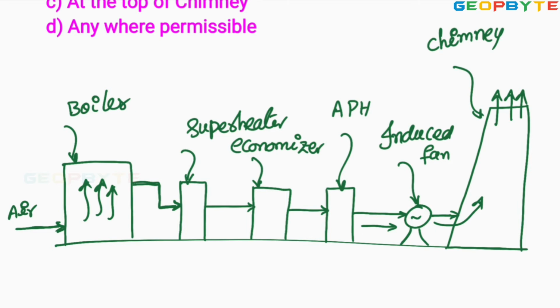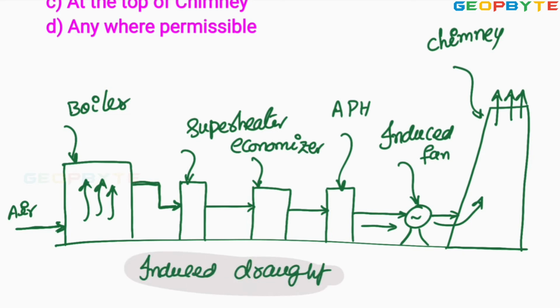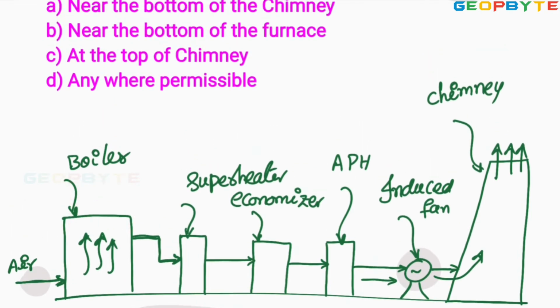So anyhow, see the induced draught system mechanism. In case of induced draught system mechanism, an induced fan is placed at the base of the chimney. Similarly, in the case of forced draught system, somewhere here a forced fan is placed. But the problem is asked for induced draught system.